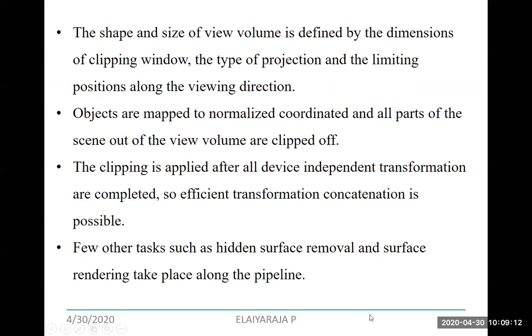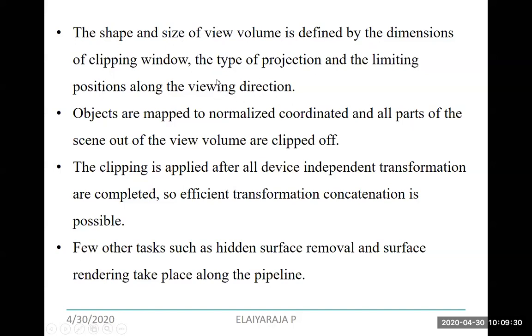Okay. The shape and size of the view volume is defined by the dimensions of the clipping window, the type of projection, and the limiting positions along with the viewing direction.